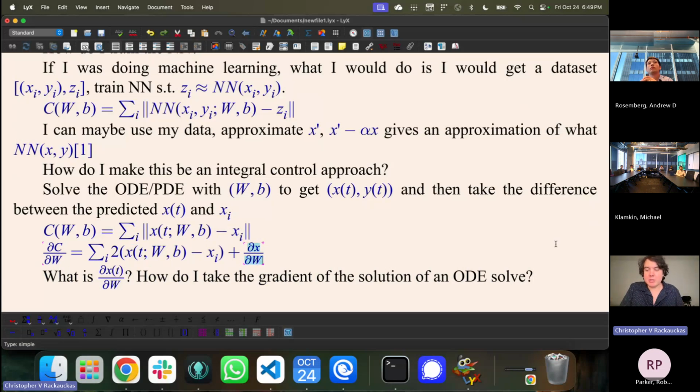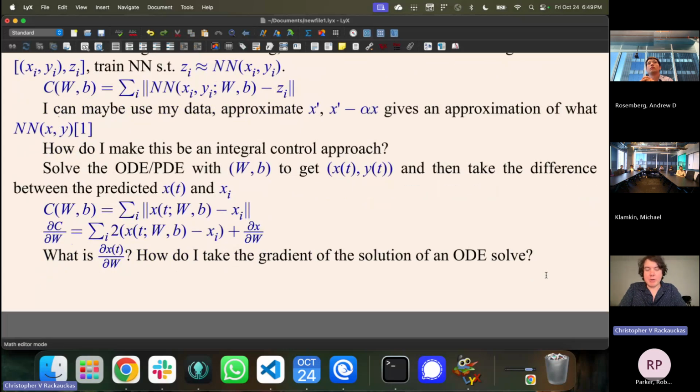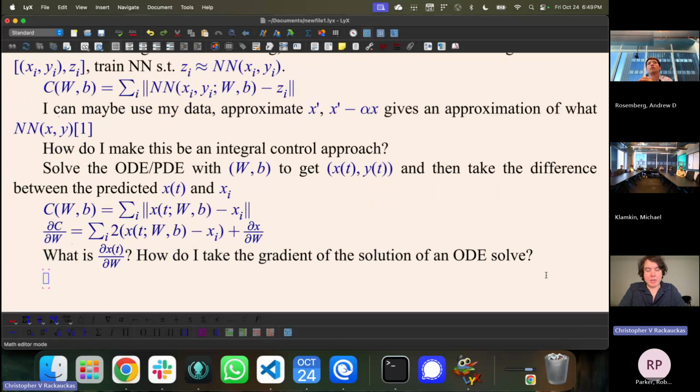And it's hard because, for example, let's write this down. If I have the ODE u prime equals a times u, right? Then u of t is equal to the exponential of at, with u0 here, right?